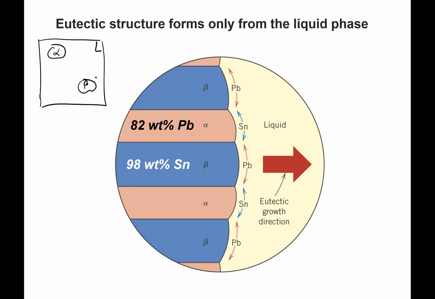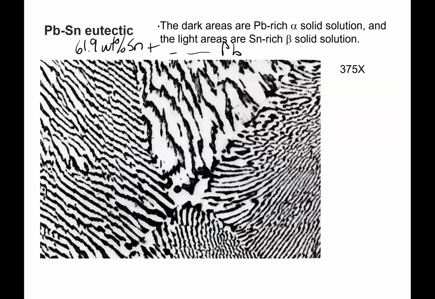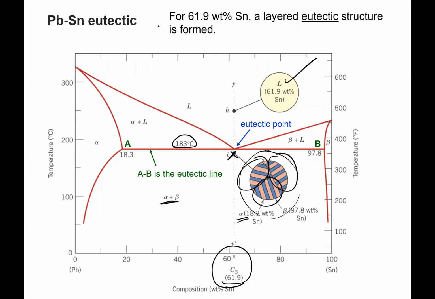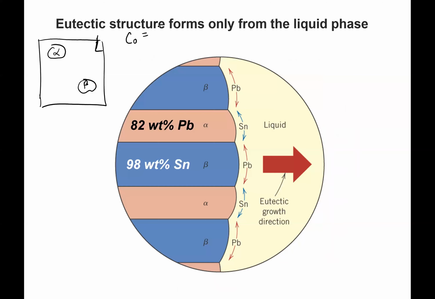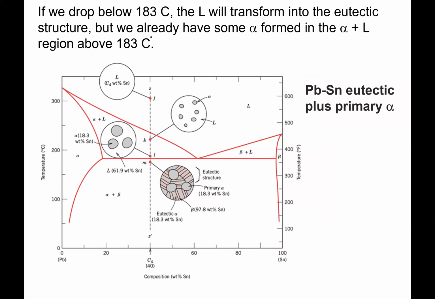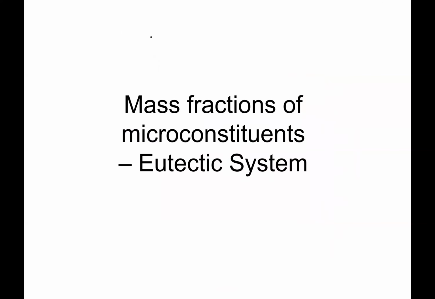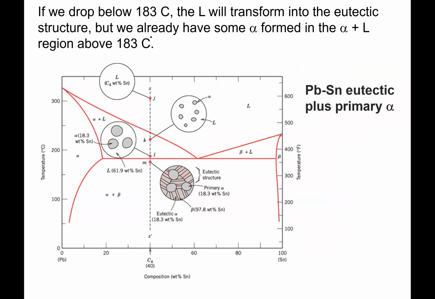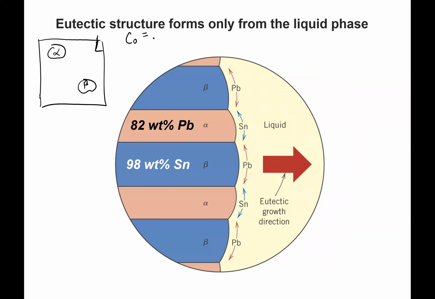Well, since these alpha and beta are very different than the composition of the overall liquid itself, right? So we were looking at a case where the overall composition was, let's see, what were we? Overall it's 61.9. I should have done that. So overall the alloy is at 61.9 tin, right?